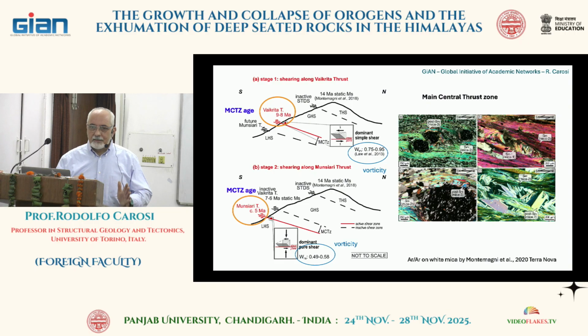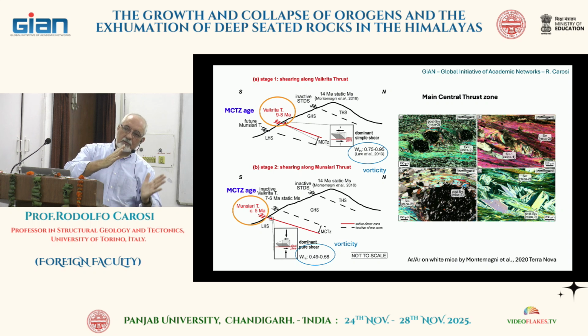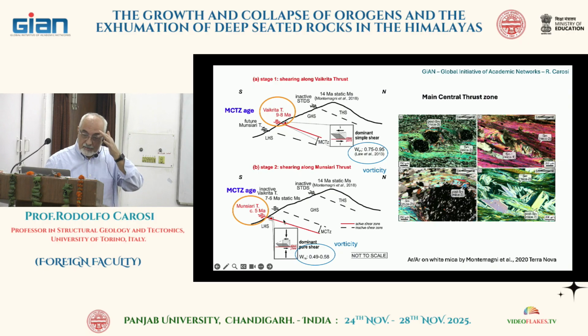This means you have the shearing at 9, 10 million years, then shearing stops. You have the growth of static mica at 7 million years, so no more deformation along this part. Then deformation migrated southward, downward to the Munsiari Thrust that was more or less active at 5 million years.